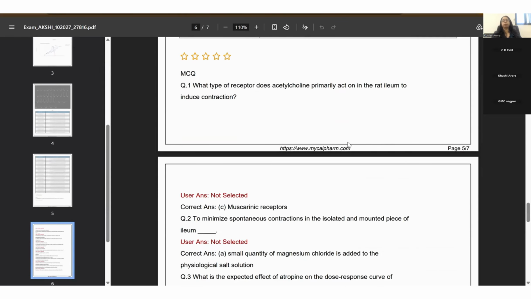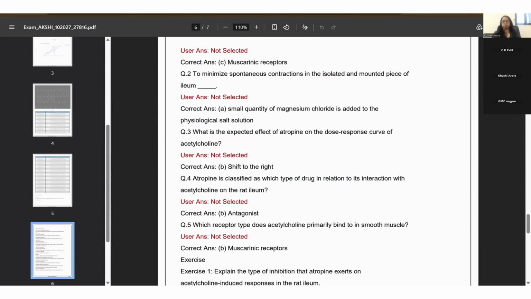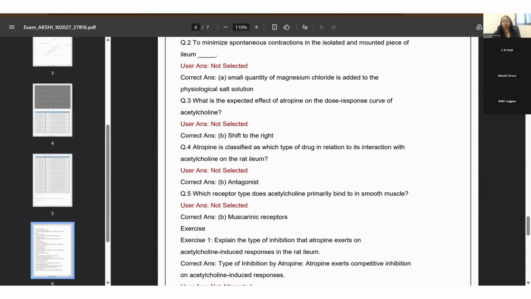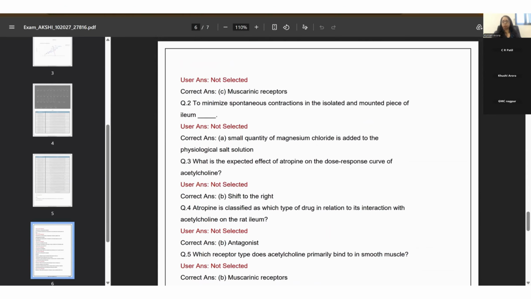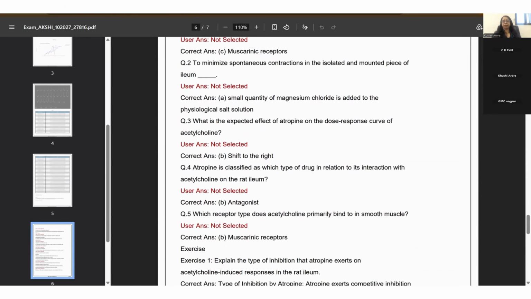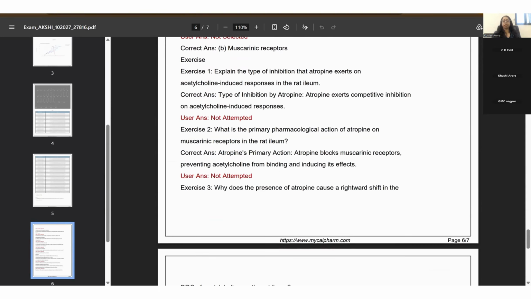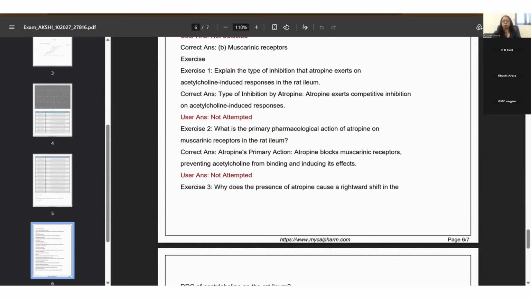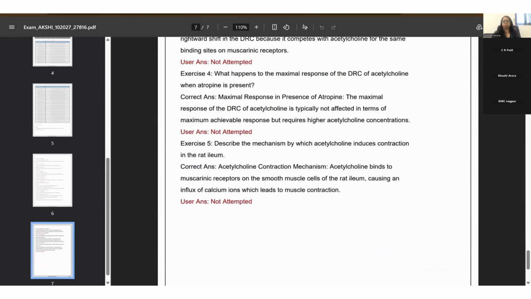MCQs: every experiment is accompanied by a set of MCQs and a set of written questions. So whatever the student has done, whether they have answered or not, whether they have given the correct or wrong answer, or whether they have attempted it or not, every faculty will come to know here. If they have not done it, we are also giving you the correct answers to all the questions here.